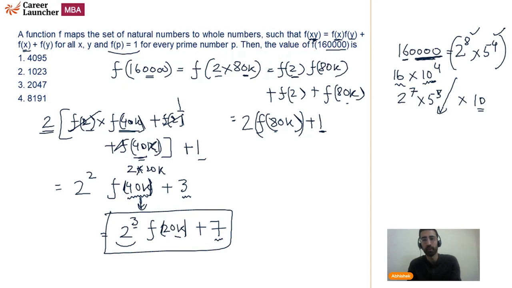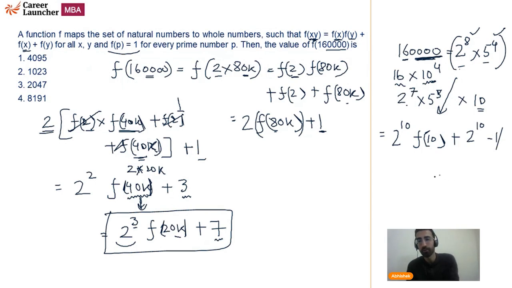You factored everything, and now you're just left with 1 power 2, 1 power 5, which is 10. You're left with the number 10. So having done this 10 times, you will get 2 to the power 10 into f of 2 into 5, f of 10, plus 2 to the power 10 minus 1. This is what you'll get. That is what the pattern should tell you.